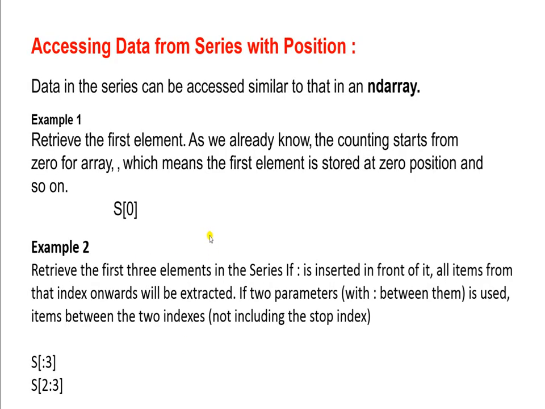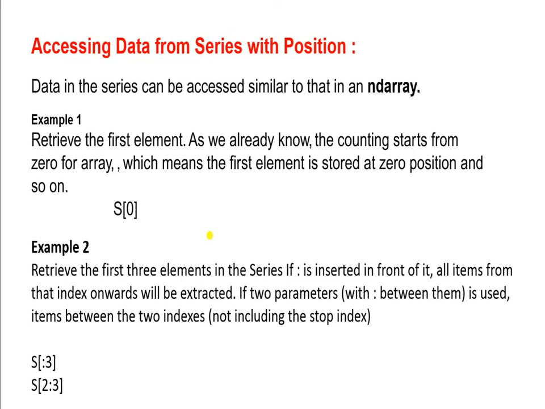So the next topic is accessing data from series with position. Now we have to retrieve data from a series. Data in the series can be accessed similar to that in an array. As we access the data in an array by passing the element position, we can access the value.